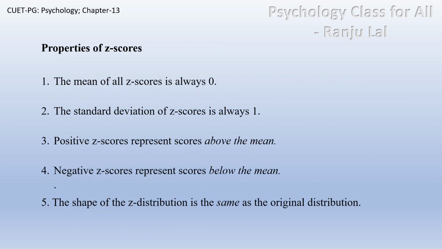Now about properties of Z scores. And remember, these are very important for exams too. First property is the mean of all Z scores is always 0, because we have centered the distribution around the mean. Second is the standard deviation of Z score is always 1, because Z scores measure distance in terms of standard deviation units.